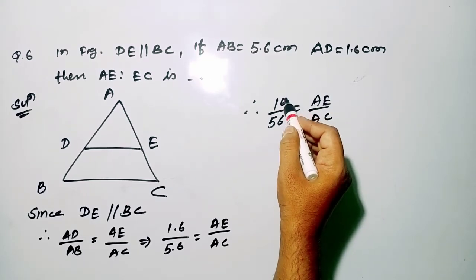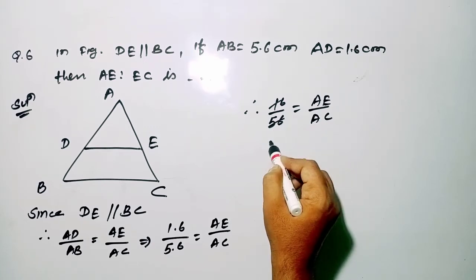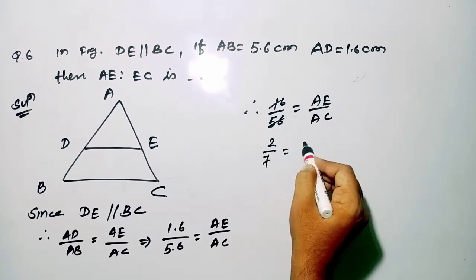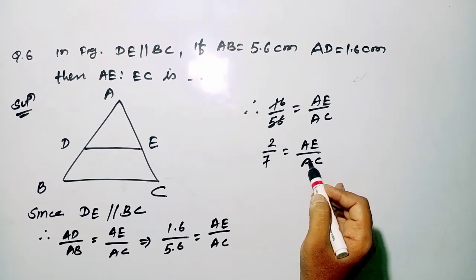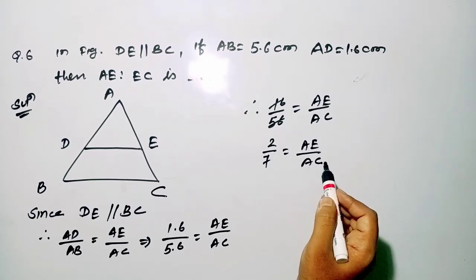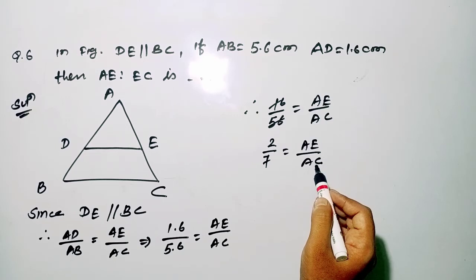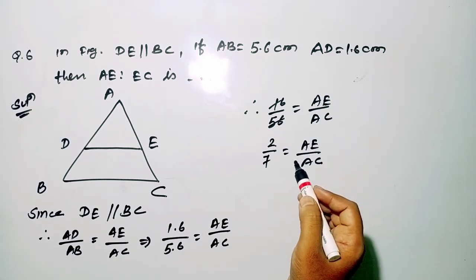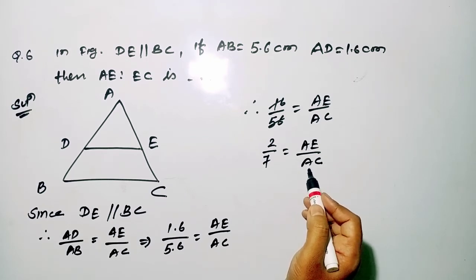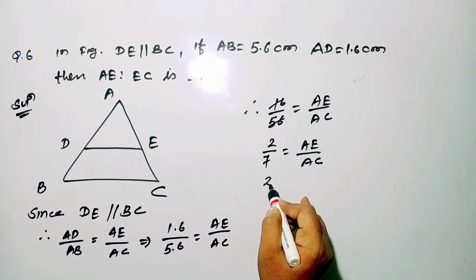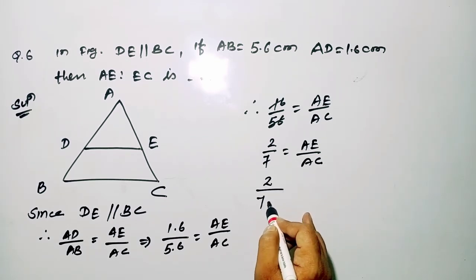Okay. So we want to find out the ratio of AE upon EC. Here by simplifying we are getting 2 by 7 is equal to AE upon AC. So AC can be written as AE plus EC. But we want to find out EC. So EC is equal to AC minus AE.